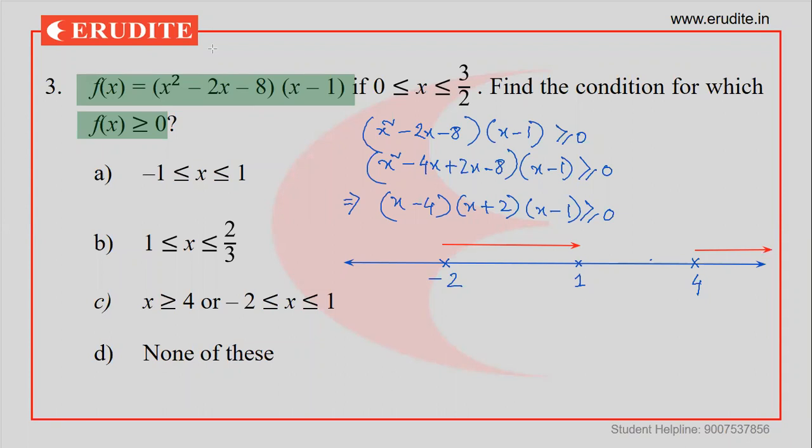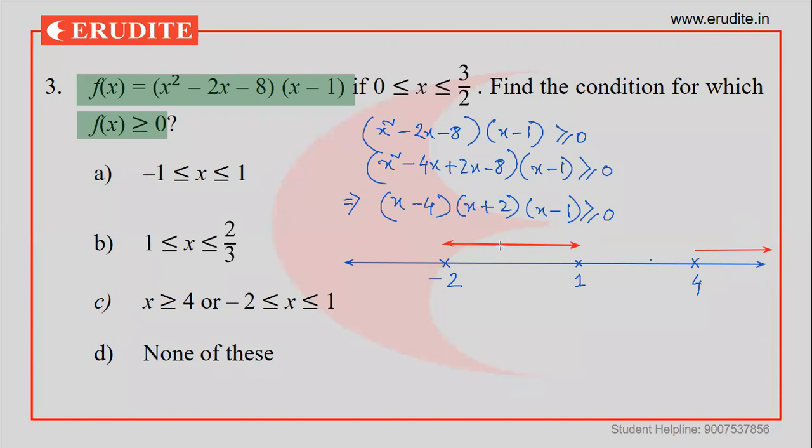Sorry, it would be bidirectional. So −2 to 1, because the entire number line in this case has broken down into 4 segments, alternately positive if I take the rightmost positive, and again −2 to 1 is positive and greater than or equal to 0. So −2 and 1 included, 4 included, up to positive infinity.